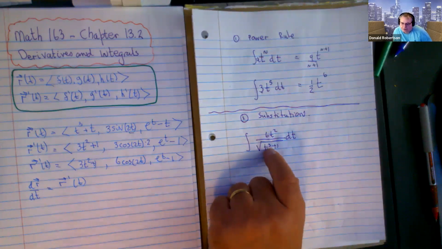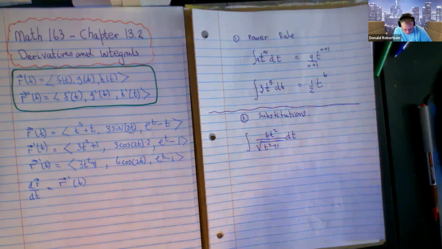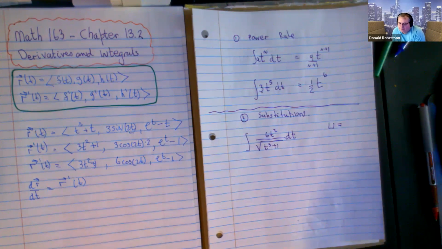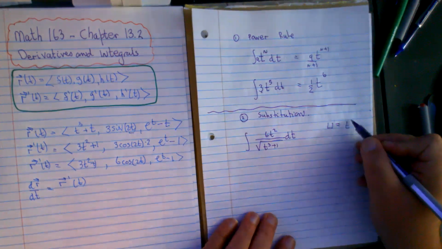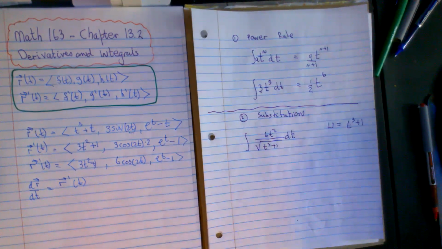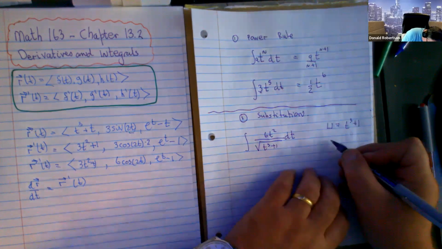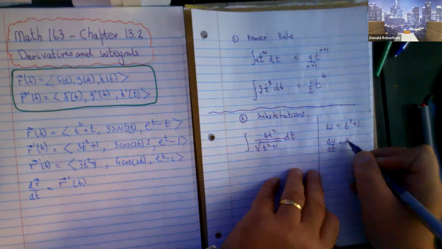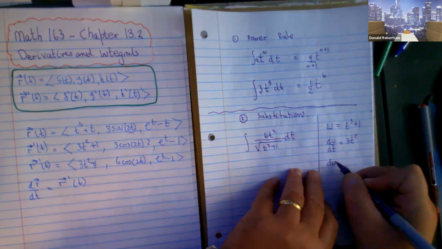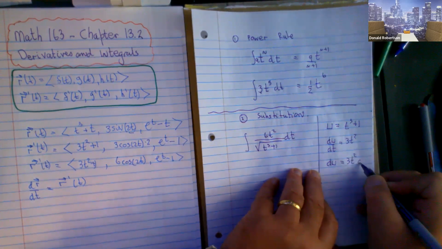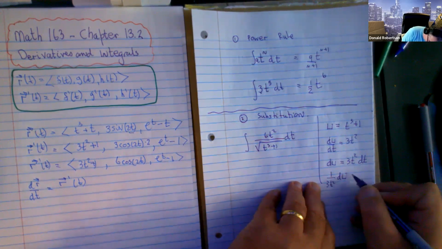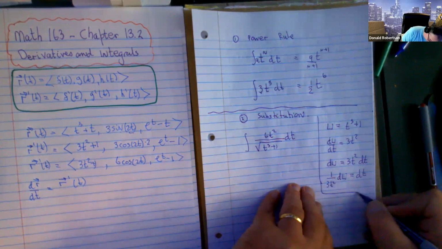And what you do in substitution, can someone tell me for this function, what is the u? T cubed plus 1. Great. Now you take this and differentiate it with respect to t. You do the crossover. Then you divide both sides by 3t squared to isolate the dt.